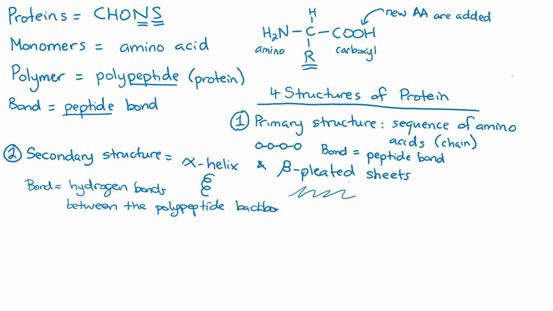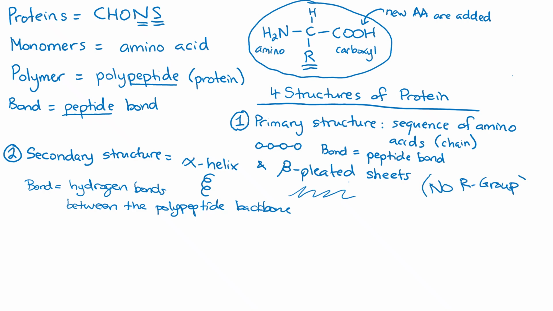That backbone includes everything you see here for an amino acid. And the big thing is that there are no R group interactions at the second level. That's crucial, okay? For the second level, no R group interactions.